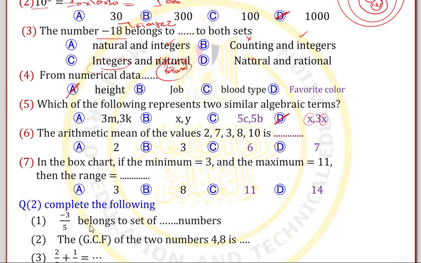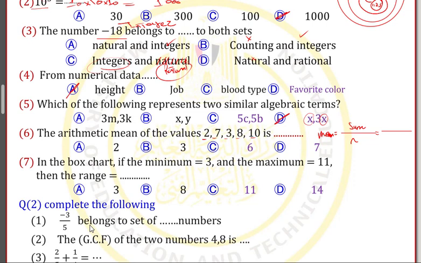Question number 6. The arithmetic mean for the values 2, 7, 3, 8, and 10. We want to calculate the arithmetic mean. As you know, the mean equals the sum of the values over n, the number of the values.